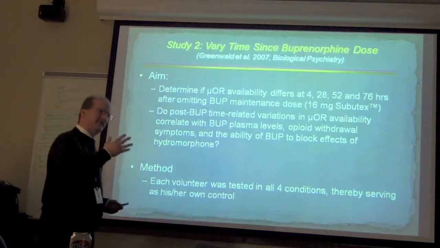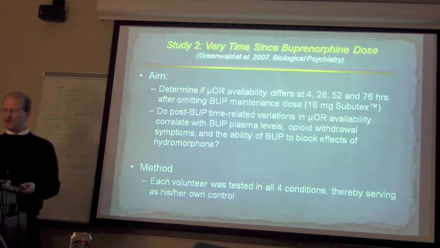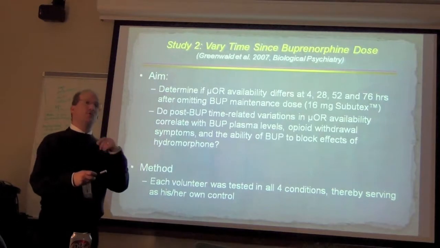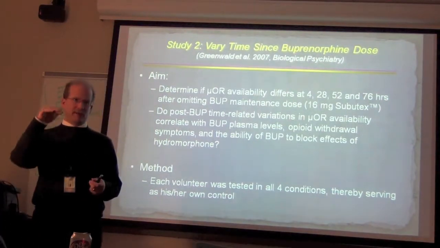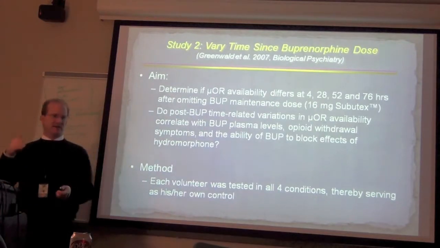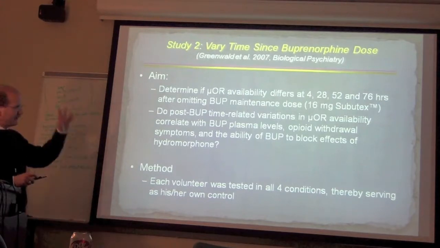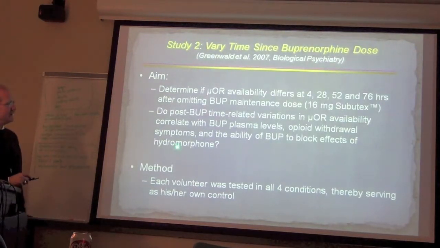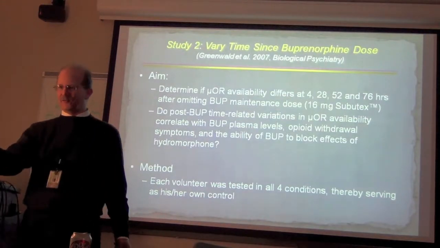Okay, because I've led you through all of the methods and everything, the second study will go a lot quicker. So I told you earlier, we maintained everybody on a constant dose. Here, 16 milligrams, which occupied roughly 90% of brain receptors in our first study. And then under double-blind conditions, we substituted placebos at 24-hour intervals.